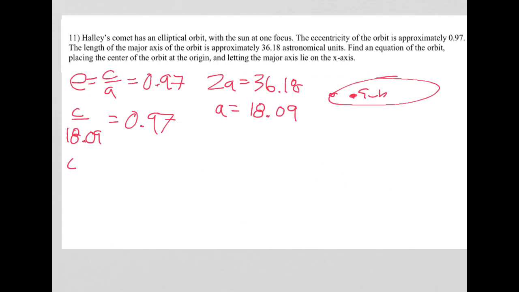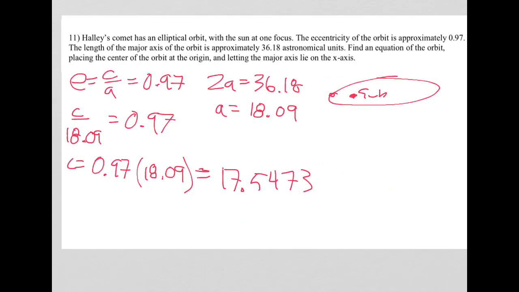And so then c will have to equal 0.97 times 18.09, and I can figure out what that is, which is this ugly number, 17.5473.